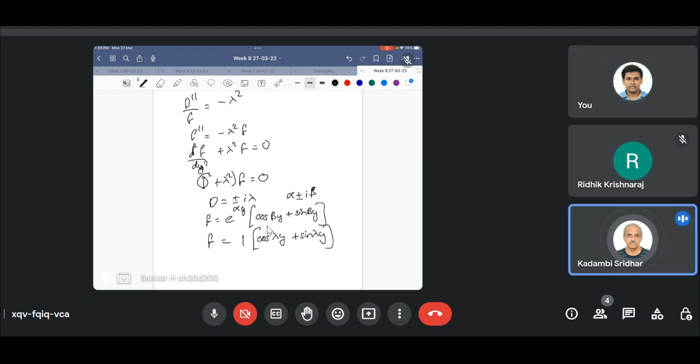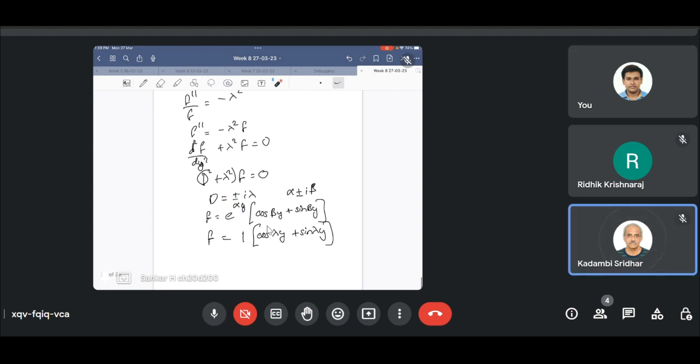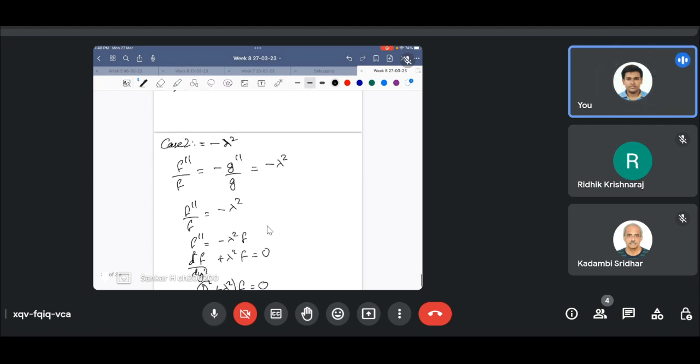Why did you put that one there? E raised to alpha y, right? Alpha is 0. Okay. So I'll get f as cos lambda y plus sin lambda y. Actually, when we solve it this way, we'll get the correct answer.